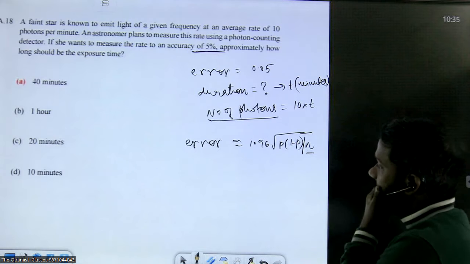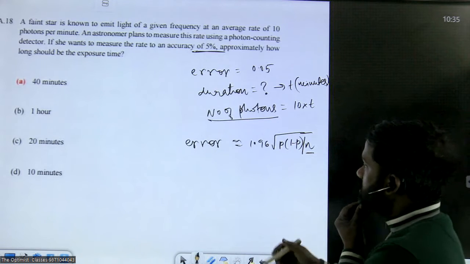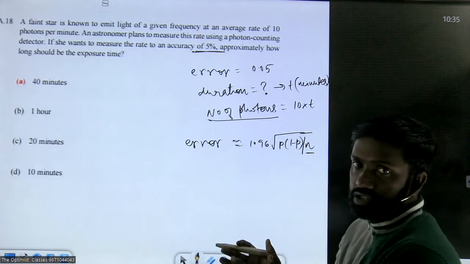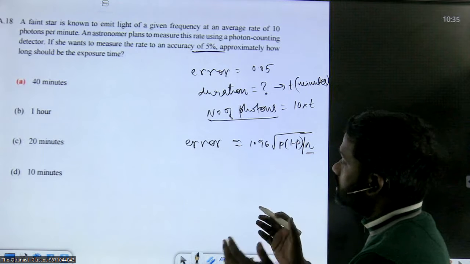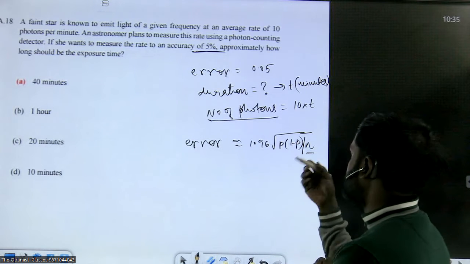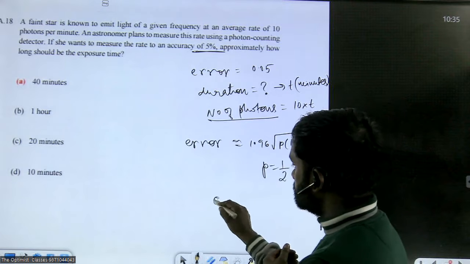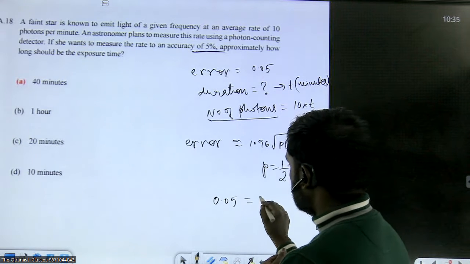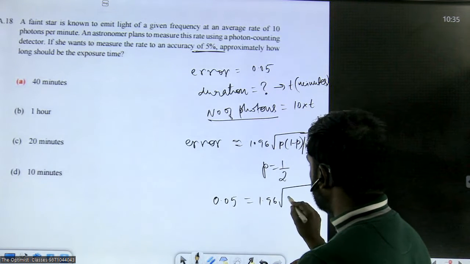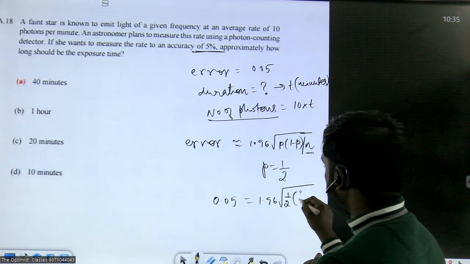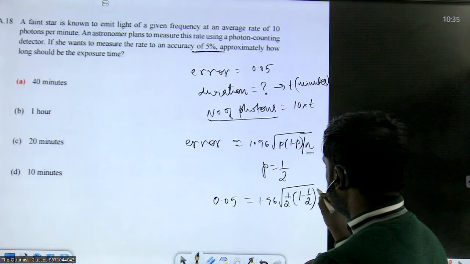So basically in binomial distribution, suppose we say that the probability of detecting the photon or not detecting the photon is the same, then p will be equal to 1 by 2. So here the error is 0.05, it is 1.96, and therefore here you can write 1 by 2 minus 1 by 2 and n.